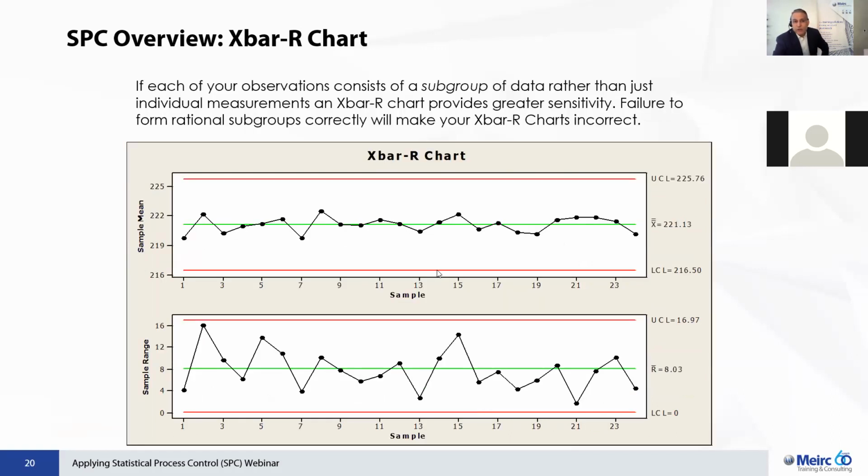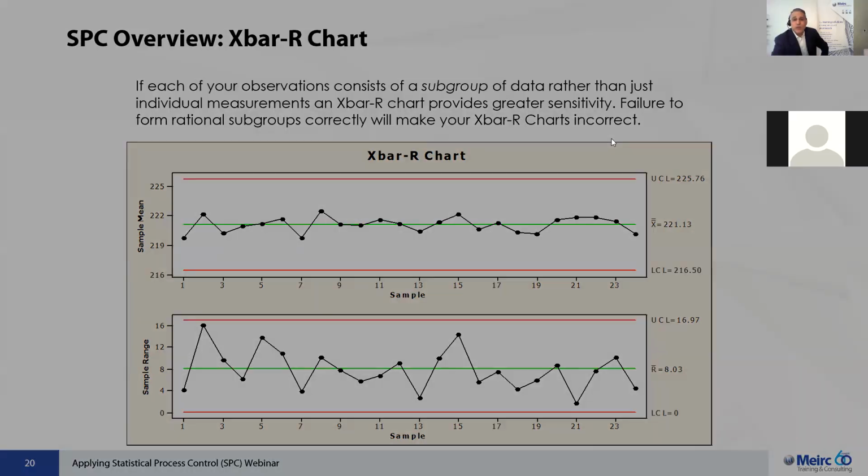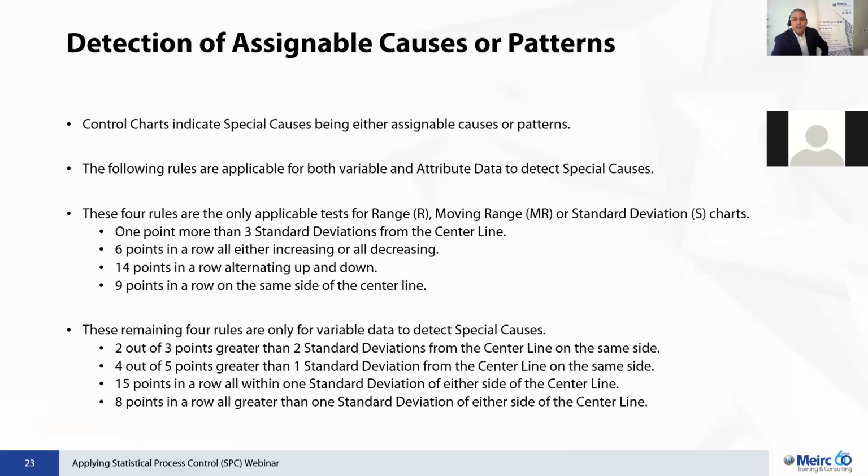So here we go, another type, which is called the X bar R chart. This is trying to measure the range, which is basically the subgroup sampling. Once it happens, it tries to measure the range, and it provides sensitivity to the range differences. And as we said, the whole idea is to try to understand the special causes.